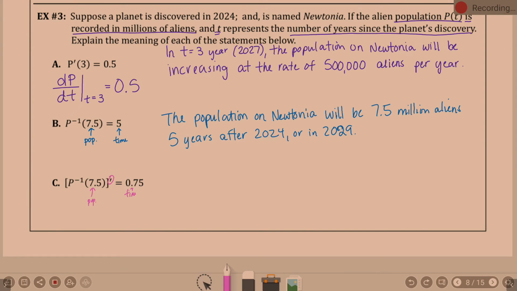So when the population is 7.5 million aliens, then you're talking about 3/4. I think you guys said 3/4, didn't you? Now, how I have that written, it takes 3/4 of a year for the population to increase by 1 million aliens. That is in relation to it being recorded in millions of aliens, right? So a unit of 1.